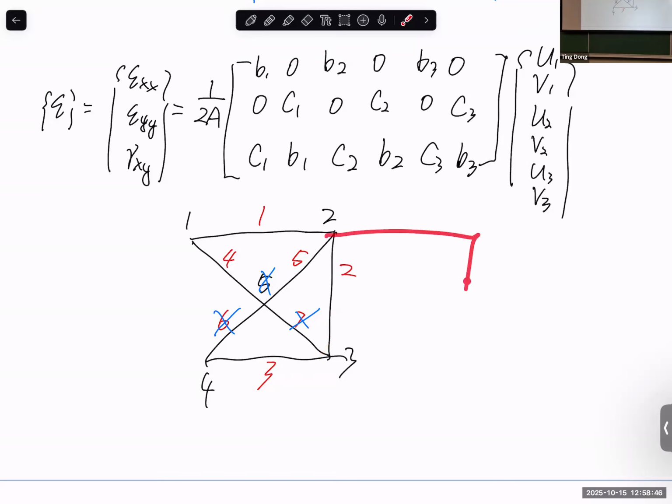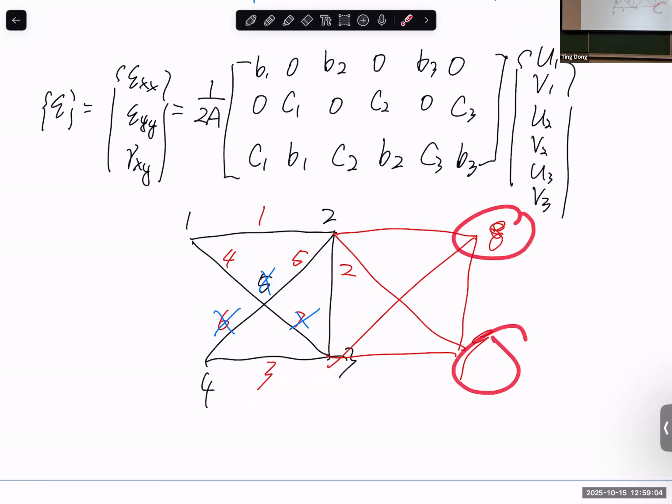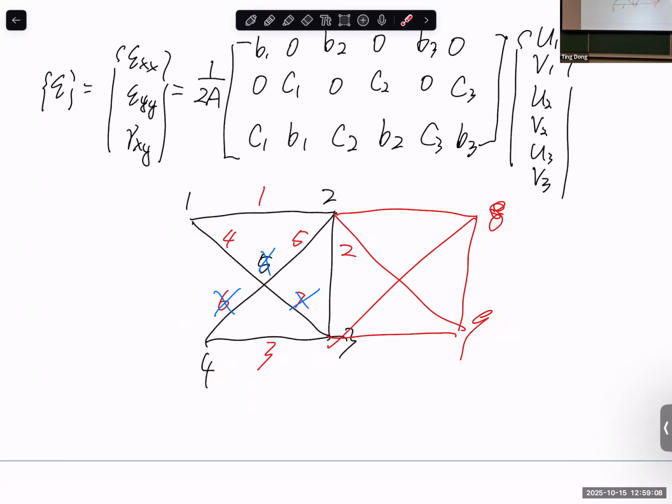But if you have a more complicated situation, you can change it any way you want. Then you probably need to put these 2 as force applied and these 2 as boundary condition. So yeah.